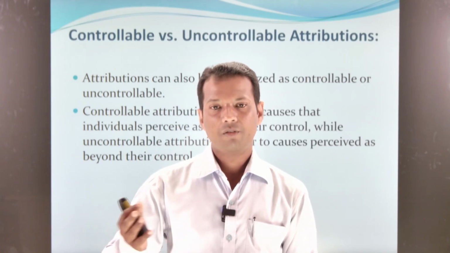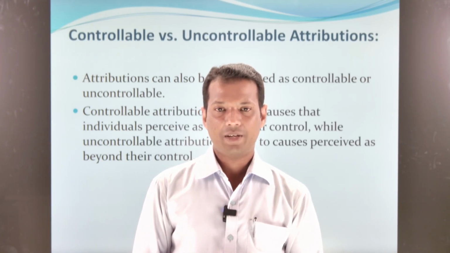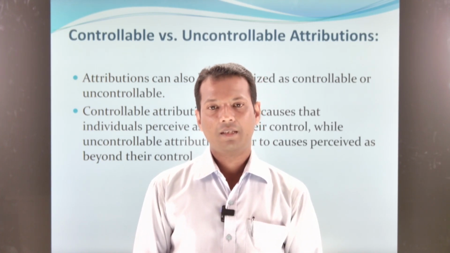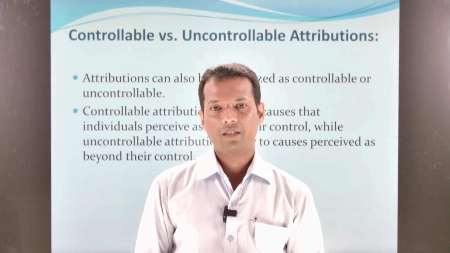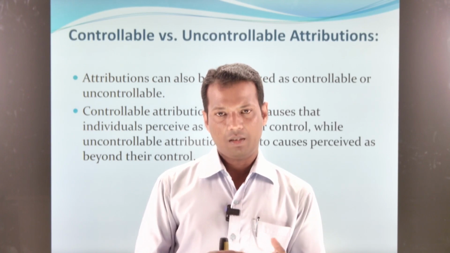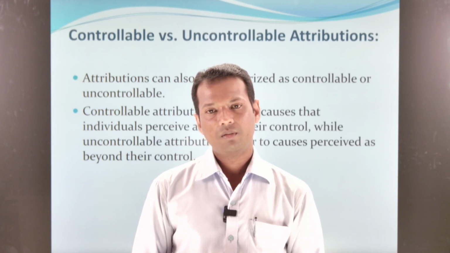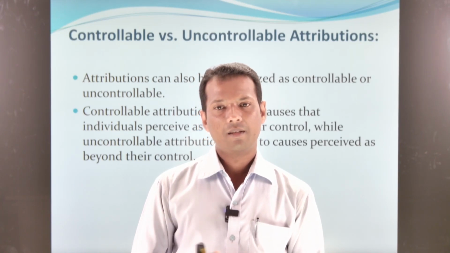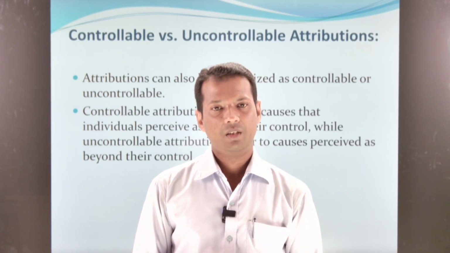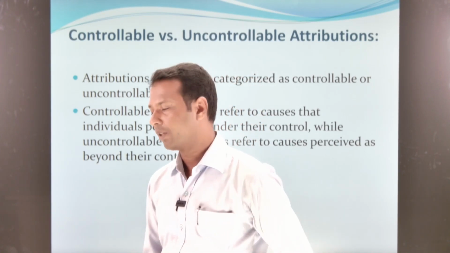Whereas what the other people feel of you, what the external factors are which are going to affect your workplace or the way you work, that is beyond your control, and there is nothing you can do. So the uncontrollable attribution can also be perceived in a positive and a negative way. So these are the differences between the controllable and the uncontrollable attributes.